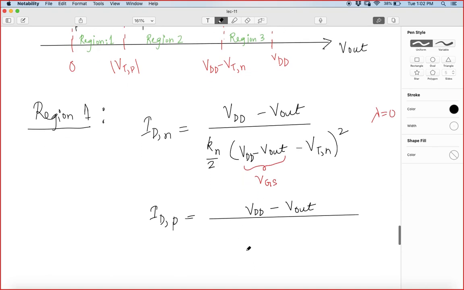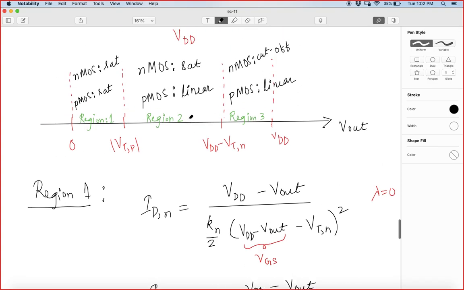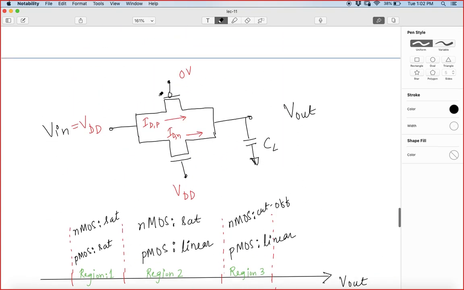So again Kp by 2. In the case of this NMOS, you see this is close to 0 volt, and this is VDD, as we have discussed earlier.